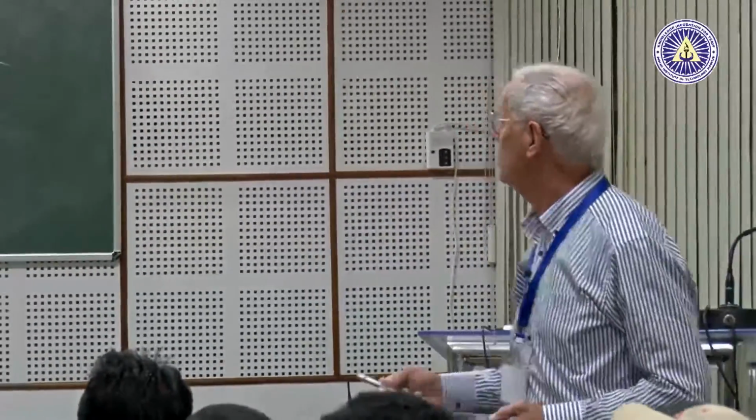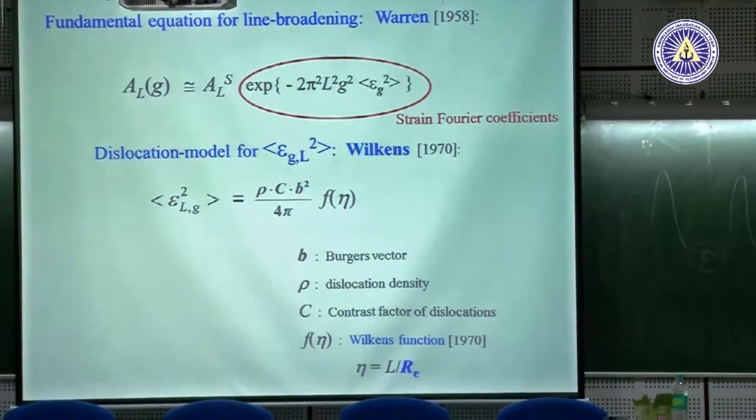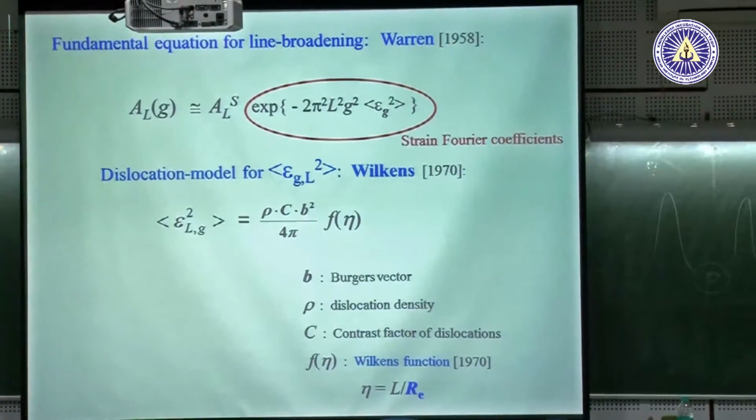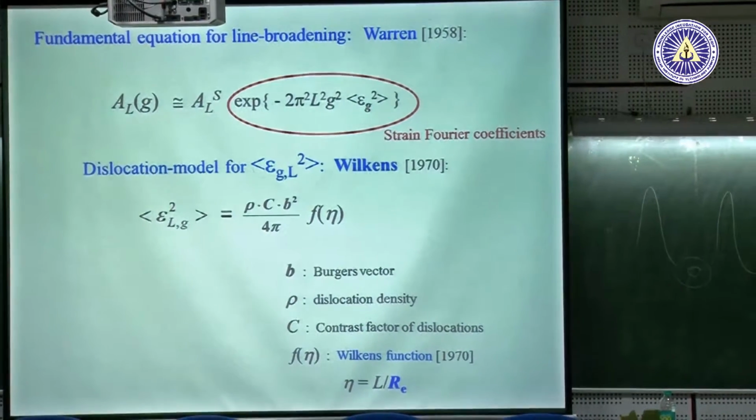Now, coming back here. Look, if you want to have the whole strain profile, this is the Fourier coefficient of the strain profile. This exponential is a very simple function. The mean square strain has to be known for the entire Fourier range, because the inverse Fourier transform will give you the strain profile.